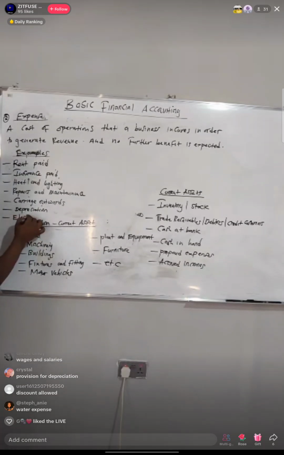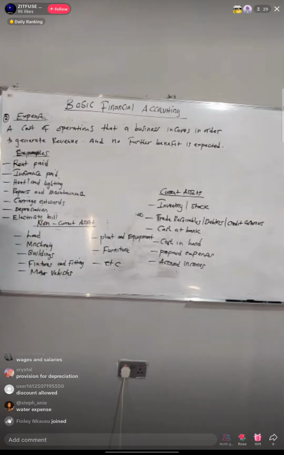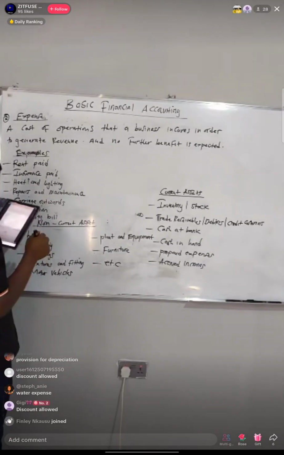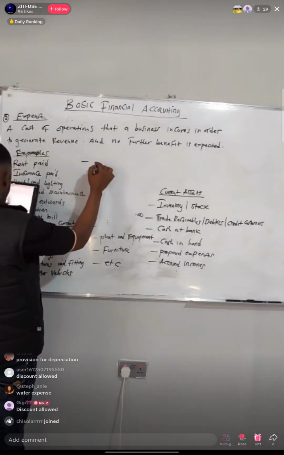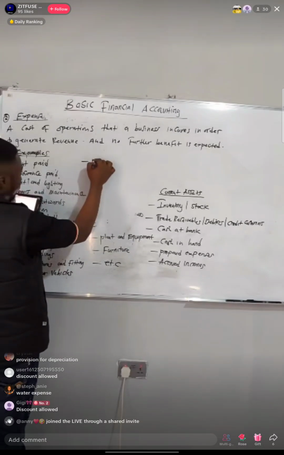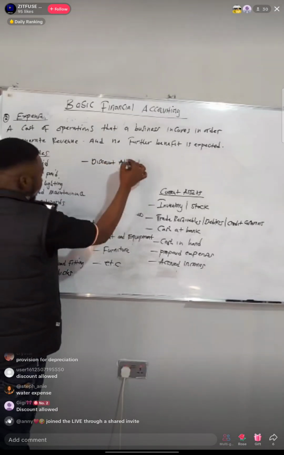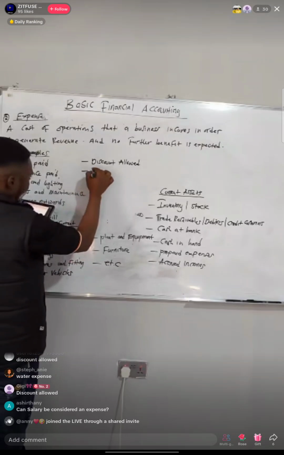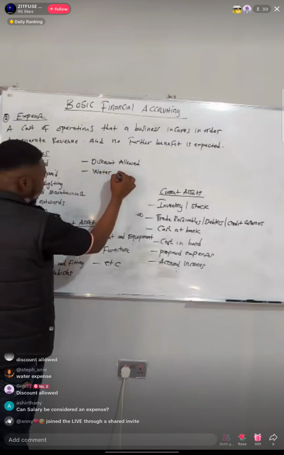You can also put electricity bills there, which is also an expense. Water expenses, this is allowed. Okay, provision for depreciation is not an expense. I'm seeing provision for depreciation here, that's what you guys are saying. Water expense, yes, you can also consider this under utility bills.